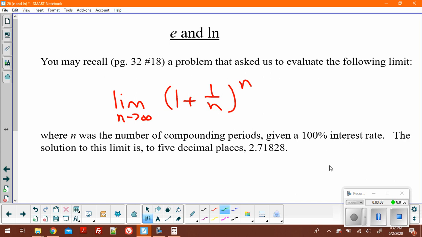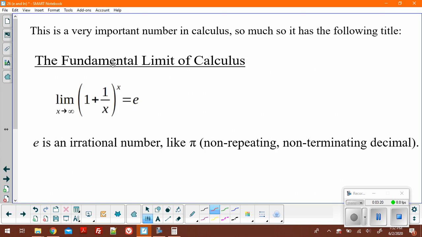So what I just said is it never gets to 2.73; it maxes out at 2.72 for money there. This limit is so important that it's called the fundamental limit of calculus. The limit as x goes to infinity of (1 + 1/x)^x is equal to e, which is that 2.71828 and so on.